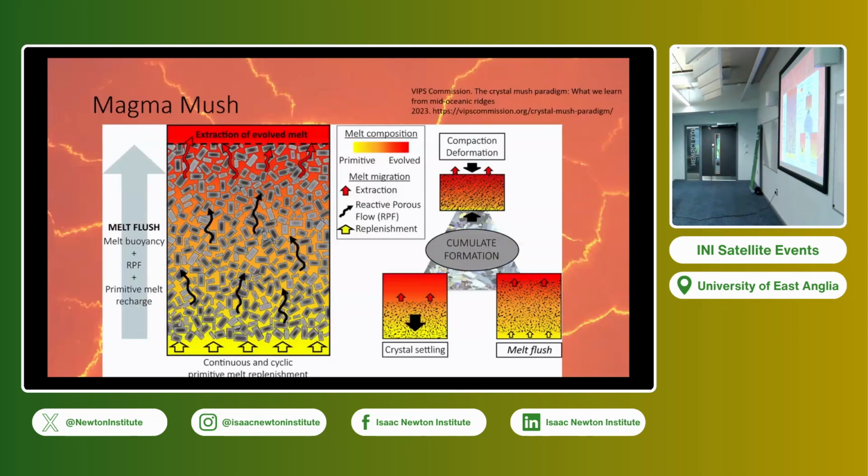So this is a conceptual model of what we think is going on inside of these reservoirs. We have primitive melt, which is what's coming from the mantle. It's coming up and trying to make its way through all of these crystals. There's some cooling going on at the same time.